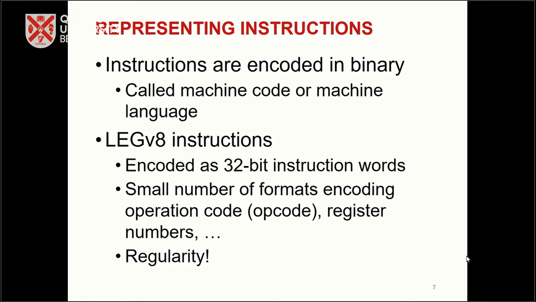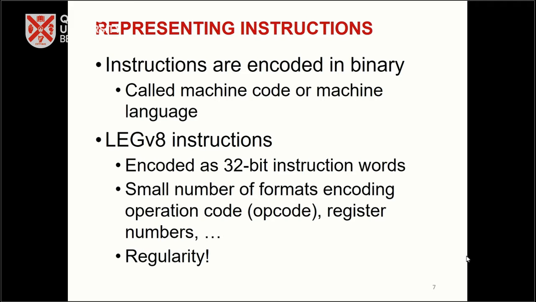So the instructions we saw yesterday are encoded in binary bits, so in zeros and ones. This is what we call machine code, and we have seen that the instructions in the instruction set we are using have a length of 32 bits, which is what we call a word. Remember that registers were double words, 64 bits.